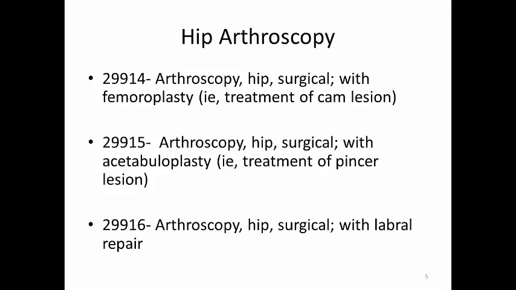Now CPT has very specific guidelines as to how you should be using these codes and what code combinations you can use. And if you look in the CPT manual where these codes are listed, you will see that they say you can't report 29914 with 29915 or 29915 with 29916. They're very specific in the parentheticals how you can use these codes.